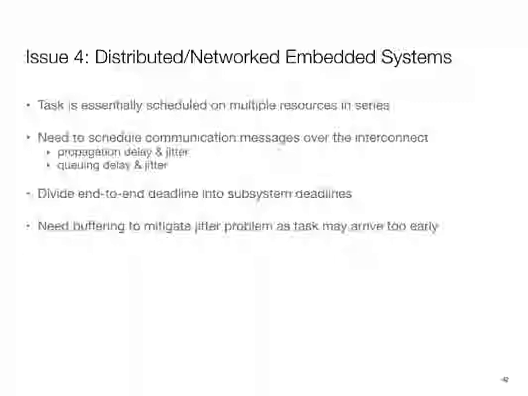If there is a task in the middle, and a low priority task grabs a resource that the high priority task needs, then unless we do something careful about it, this medium priority task may keep coming again and again and prevent the low priority task, which has the resource, from running, and then the high priority task can wait for a long time. So we saw priority ceiling protocols to deal with that.